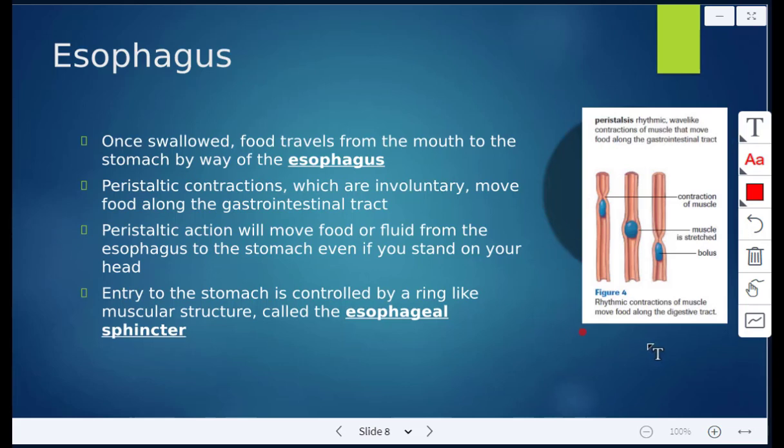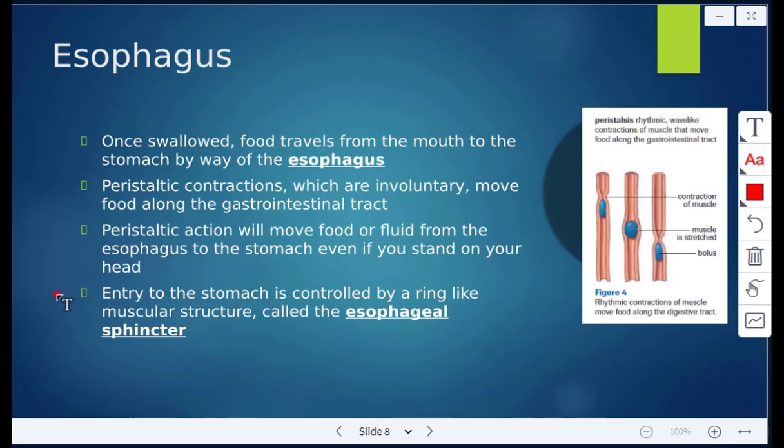This diagram here is showing the contractions, okay, so contraction of muscle, and inside the esophagus is that bolus of food that was eaten. Then eventually we need to enter the stomach.